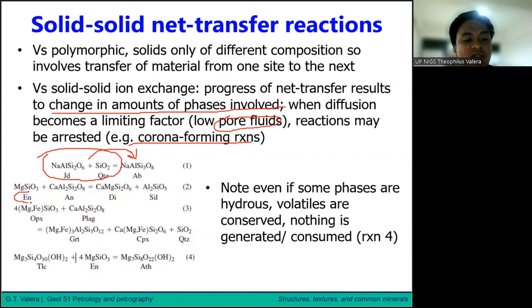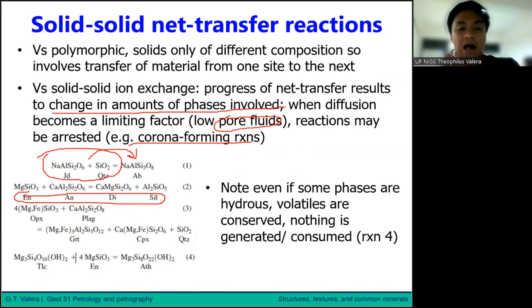Usually, what you have is the incomplete transfer of magnesium and iron, or magnesium and calcium, for example, from enstatite to anorthite to form diopside and sillimanite. So that instead, what you have is actually enstatite, anorthite, and some diopside and sillimanite.